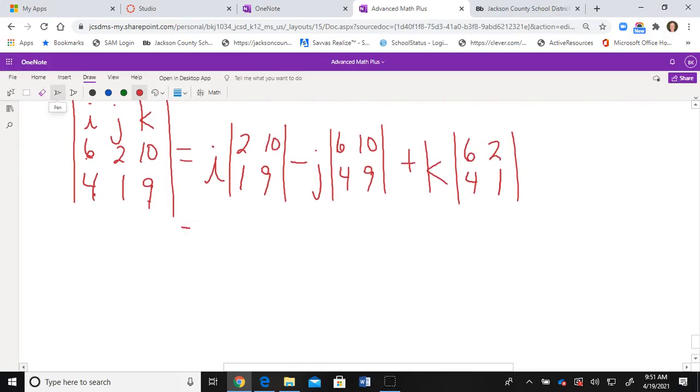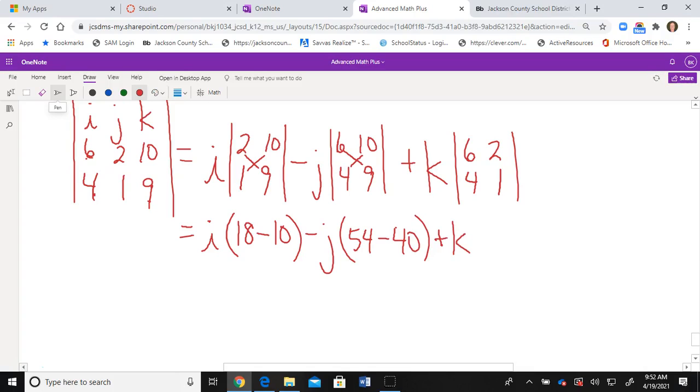Work those out. I times 2 times 9 is 18, minus 10 times 1 is 10, minus j, 6 times 9 is 54, minus 10 times 4 is 40, plus k, 6 times 1 is 6, minus 2 times 4 is 8.